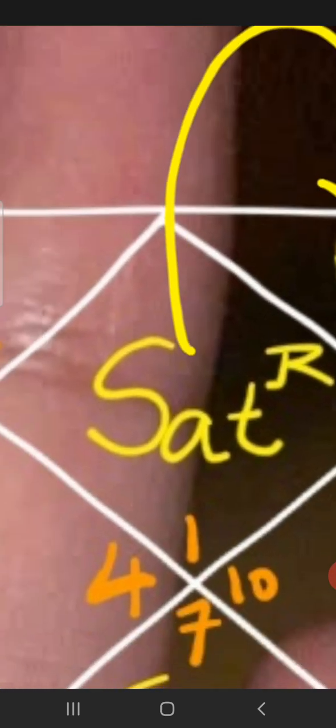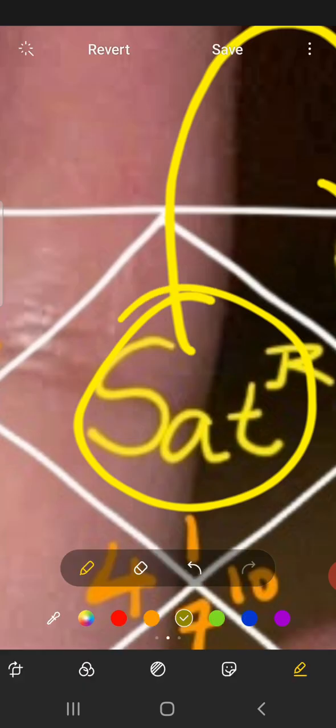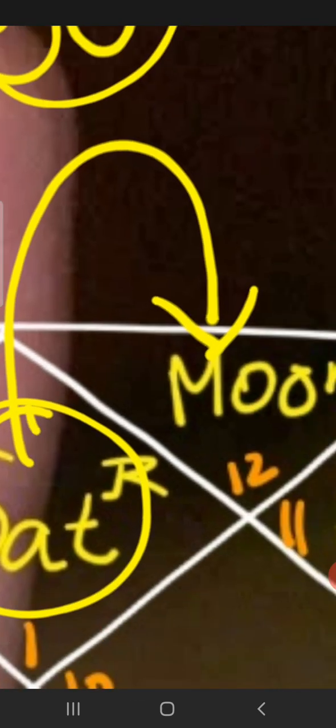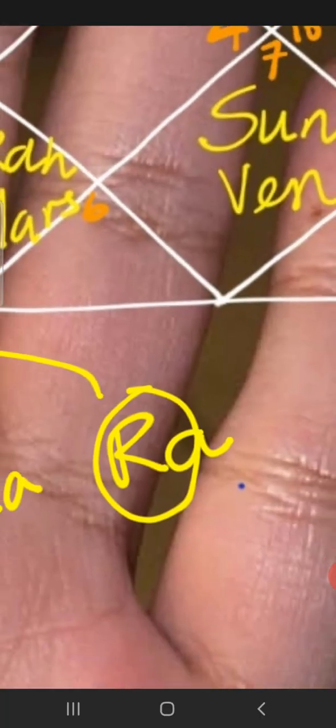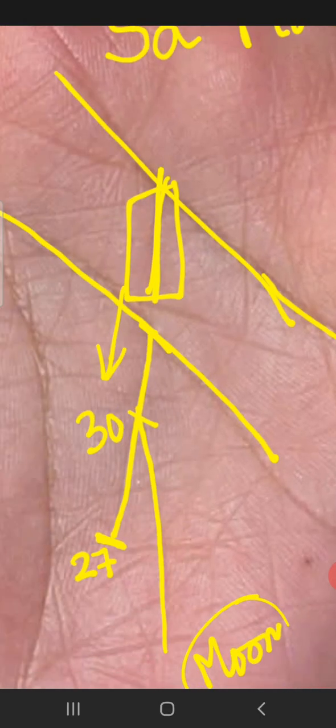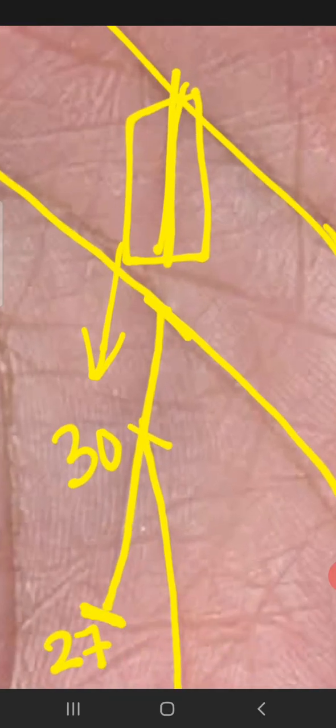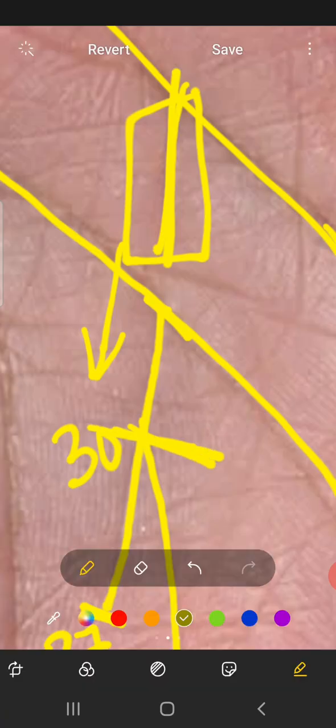So at the age of 30, Shani would come here and then touch the moon. If you look at the Vakri Shani in the palm with reference to the palm line, you will see that the moon line is touching the Shani Rekha at age 30. Okay, but we have to see a few more things here.